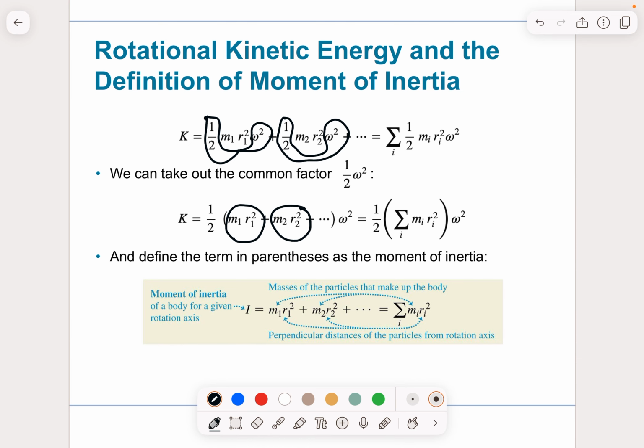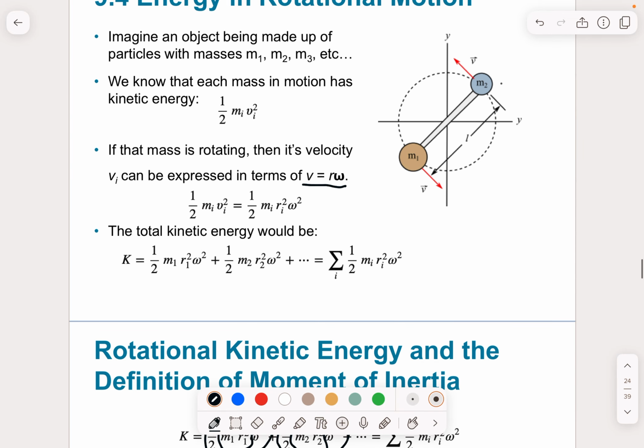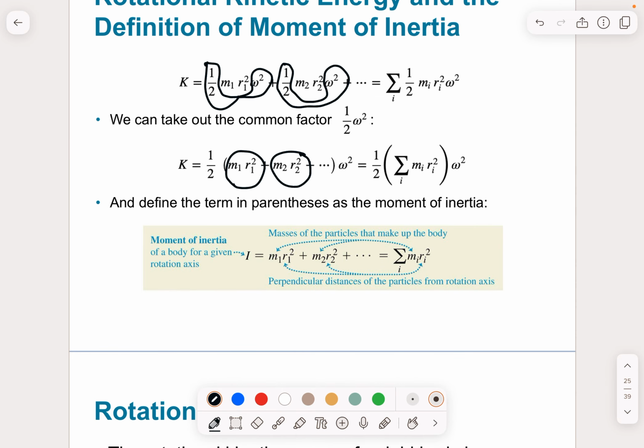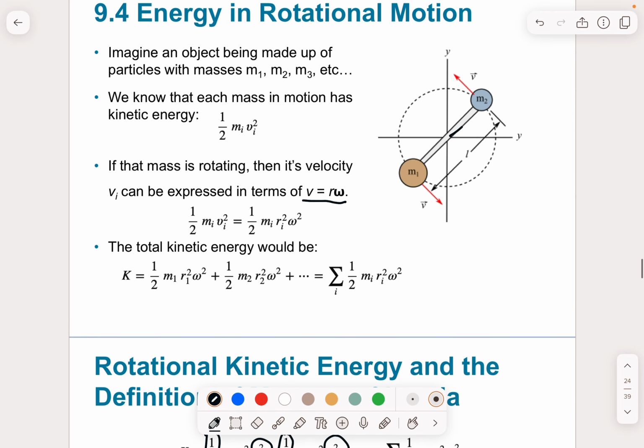So if you add up all of these m r squareds for all the particles in your system, what you're actually calculating is the mass analog, okay, for a rotating object. Because the mass is not the only thing contributing to the kinetic energy. The distance that the object is from its axis of rotation is also contributing, right?